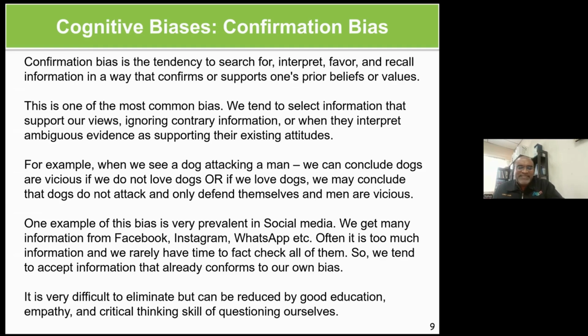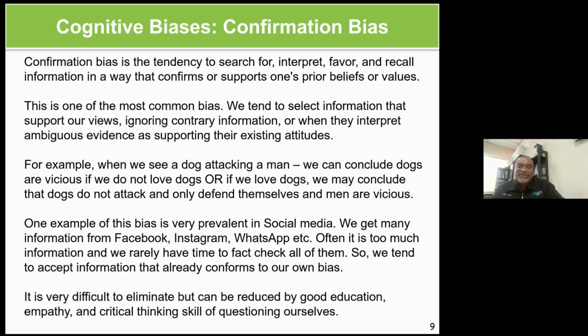A simple example: if you are a person that loves dogs and you see a man being attacked by a dog, you'll assume that the dog is defending itself. Or if you're a person who hates dogs, for whatever reason, whatever past experience you may have had with dogs, and you see a dog attacking a man, you would put the blame on the dog, and you always say, "Oh, must be the dog.